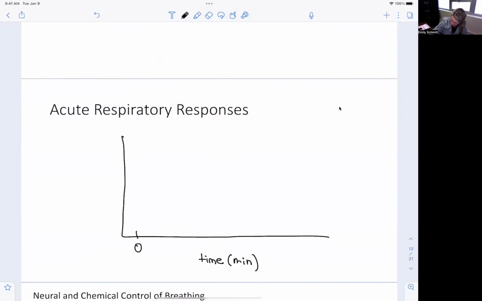Let's go from 0 to 5 to 10. And let's revisit pulmonary ventilation here on our x-axis, where we usually peak at about 150, sometimes 200 if you're an elite athlete.